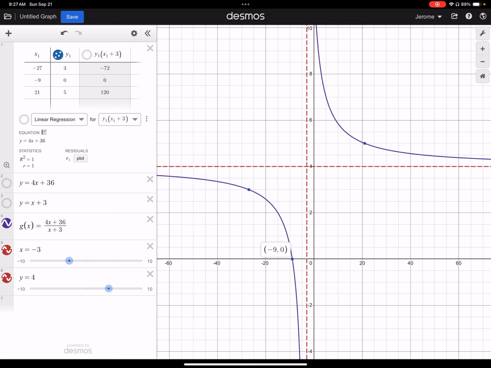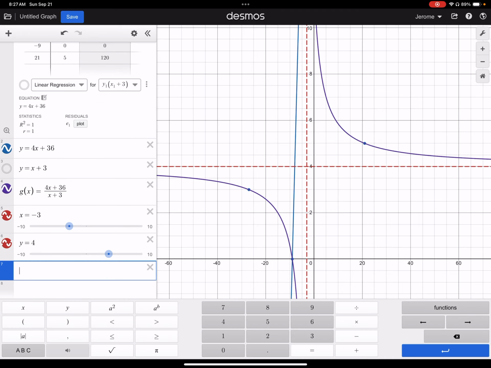Rational function, yes. So this -9, 0. Where did this one come from? Here, let me show you. Let me put the top of this on here, and then you'll see that that's exactly where the top function, the one that we spent so much time trying to find, y is equal to 4x plus 36, that's the x-intercept for that graph.